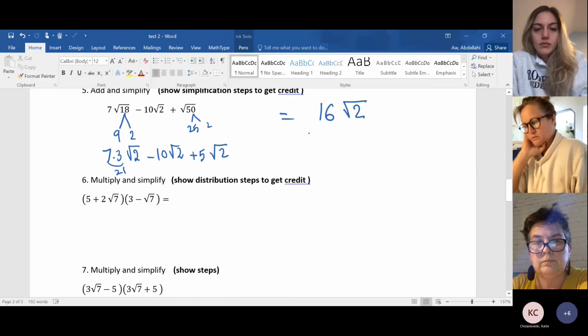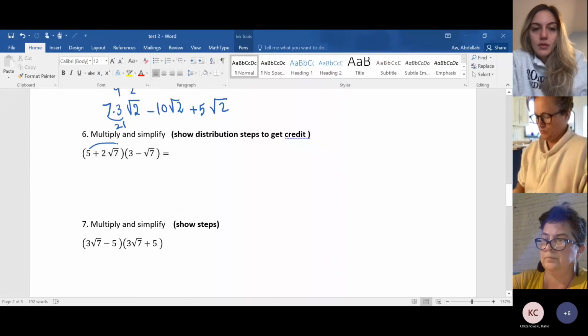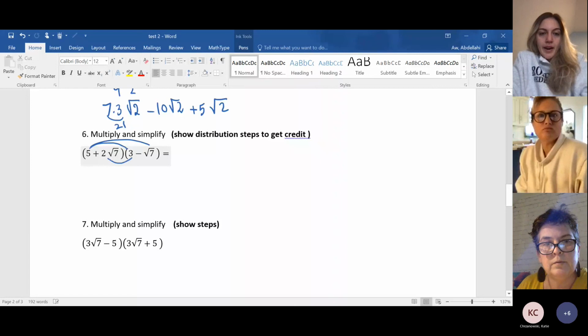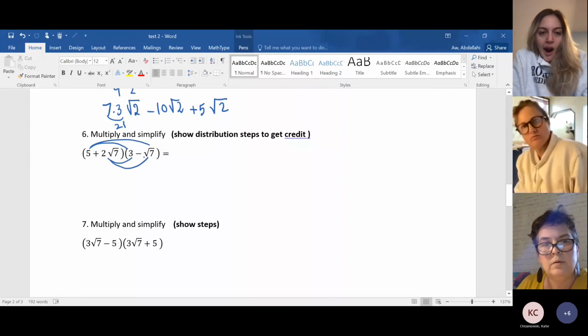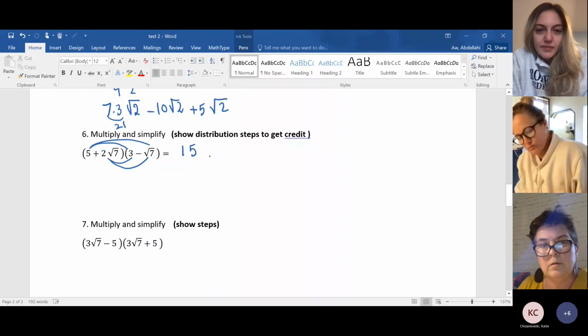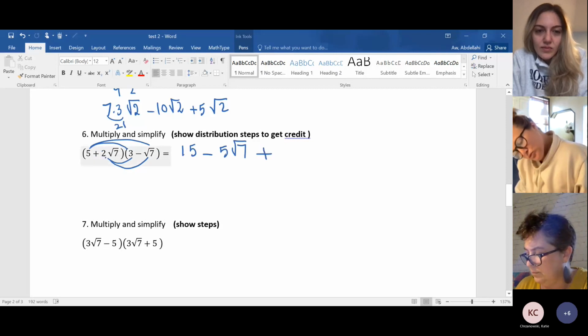Okay, so for this one, I need to FOIL. The first arrow, 5 times 3 is 15, minus 5 times root 7, which is 5 root 7. Plus 2 root 7 times 3 is 6 root 7.